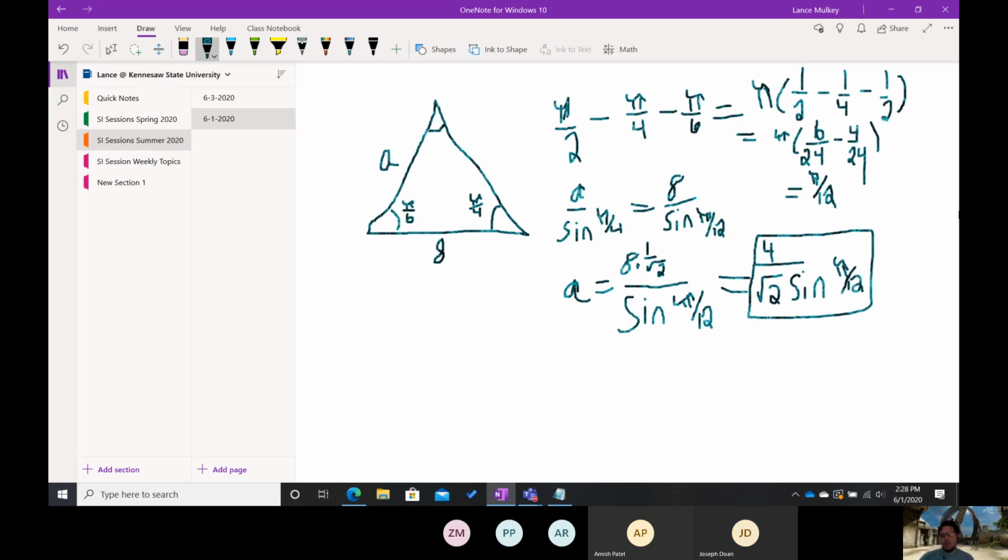I don't know what sine of pi over 12 is. So, pi over 6 is as low as I go. Did y'all type that in and it not work? Yeah, so that's as far as I think you can go.